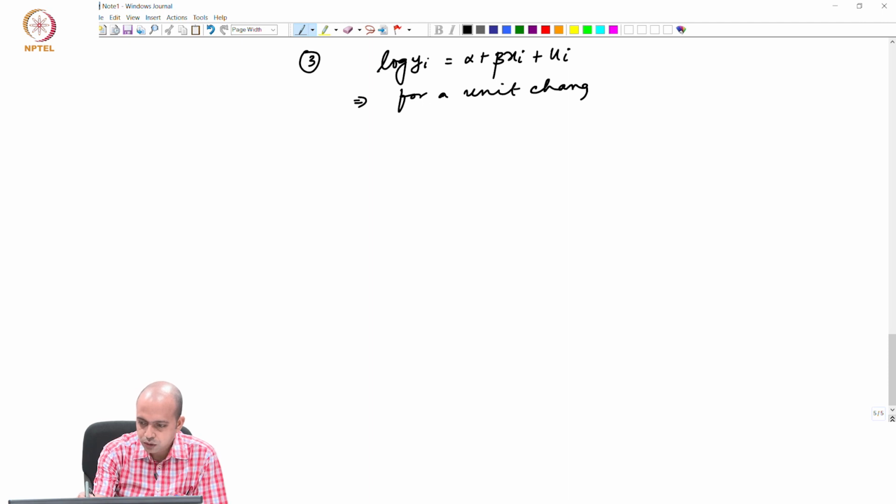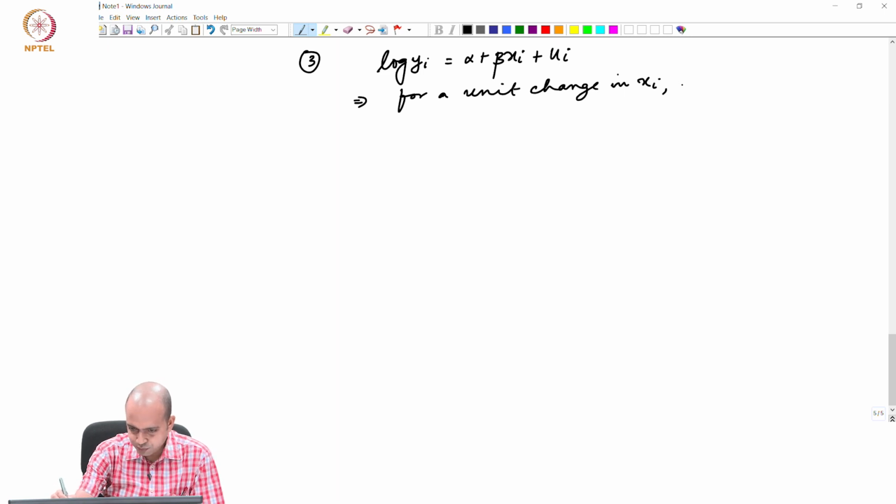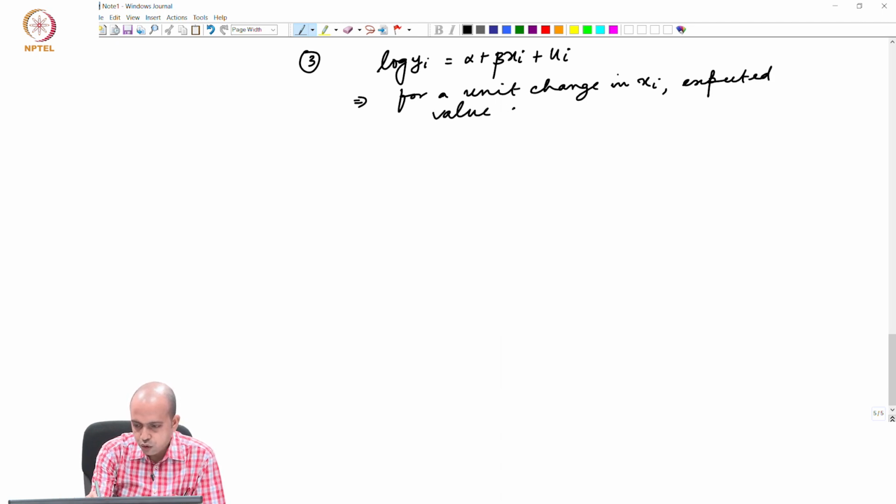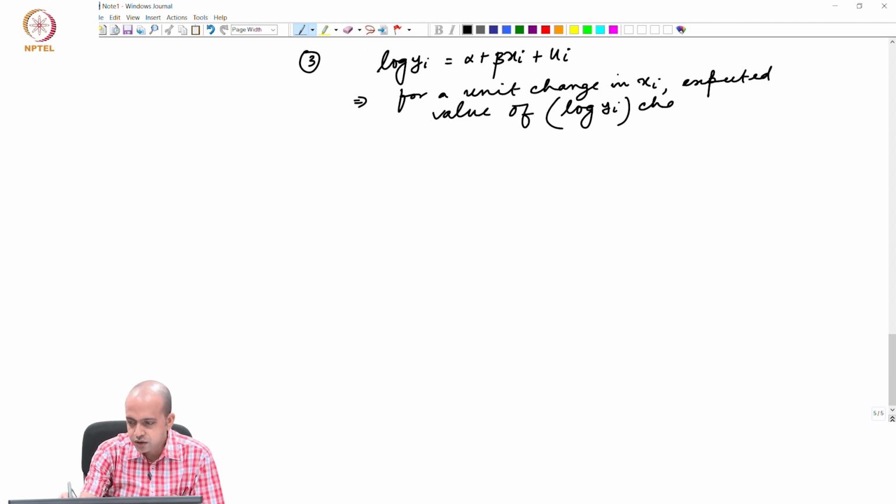change in xi, for a unit change in xi, the expected value of log of yi changes by beta hat amount.